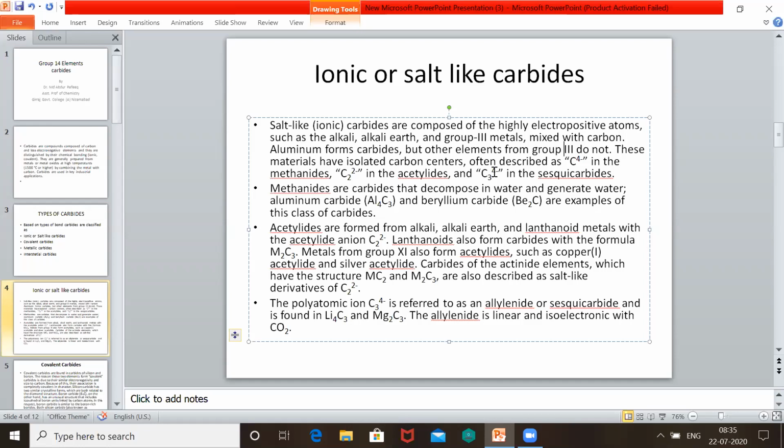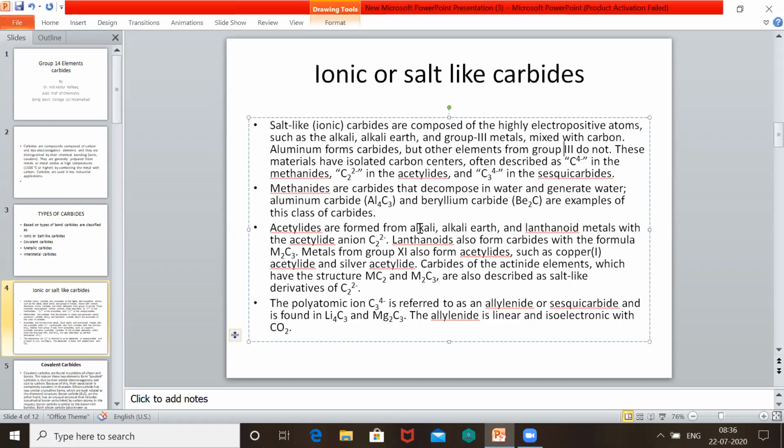When hydrolyzed, they give organic compounds: alkanes, alkenes, ethane, methane, acetylene. You know how methane is prepared? When aluminum carbide is dissolved in water, you get methane. So this carbide is called a methanide. Methanide means a carbide which gives methane on hydrolysis. Aluminum carbide and beryllium carbide, when hydrolyzed, give methane gas, hence they are called methanides.